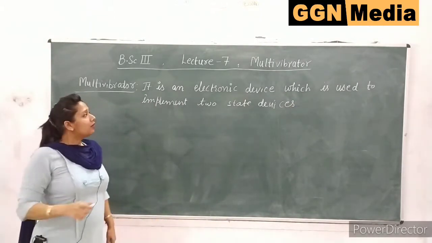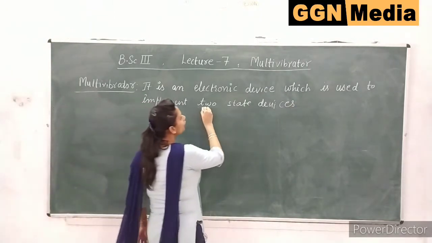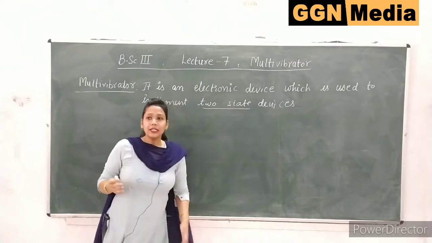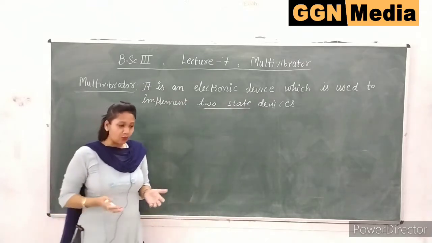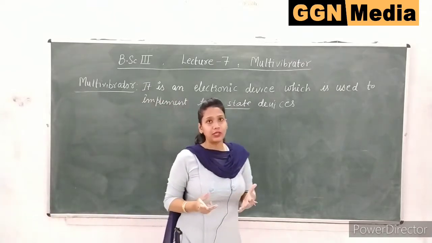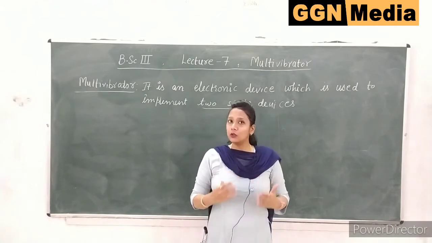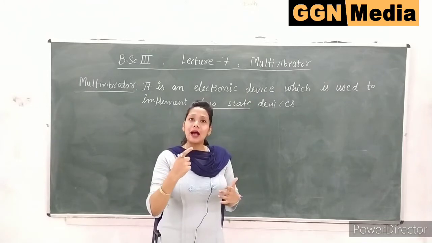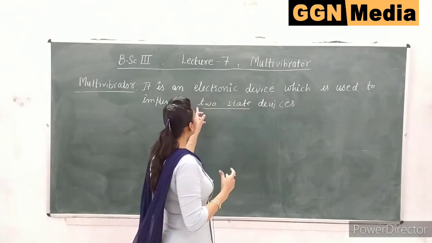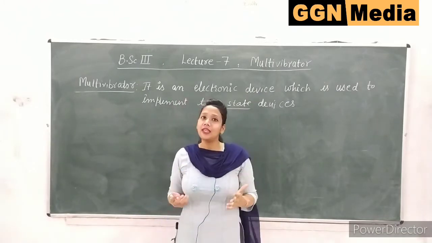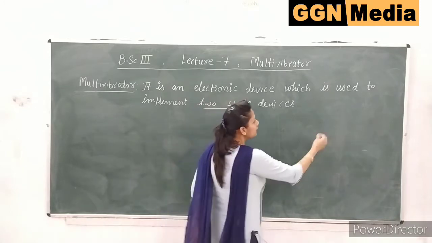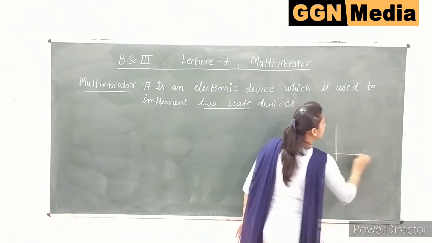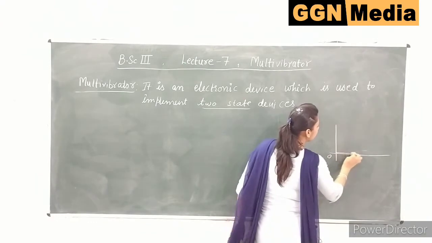Clear? Now what is the meaning of this term two-state? In digital signals we know we have two values only, either the signal is low or the signal is high. These low and high signal values are known as two states of any device. Suppose we have a signal of 0 volt.